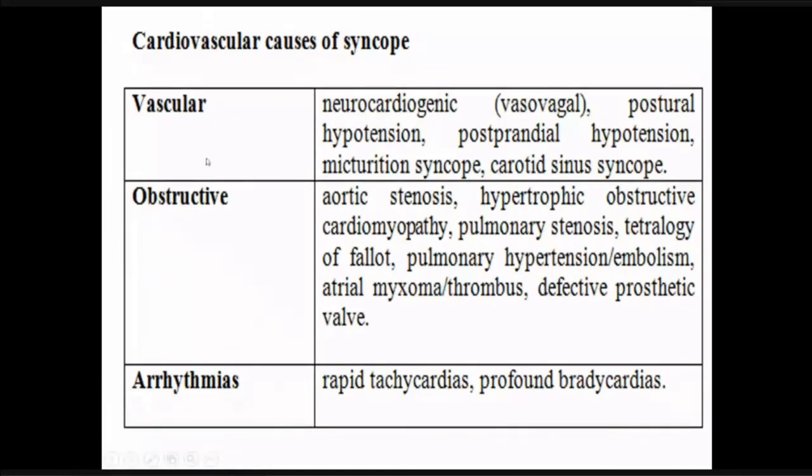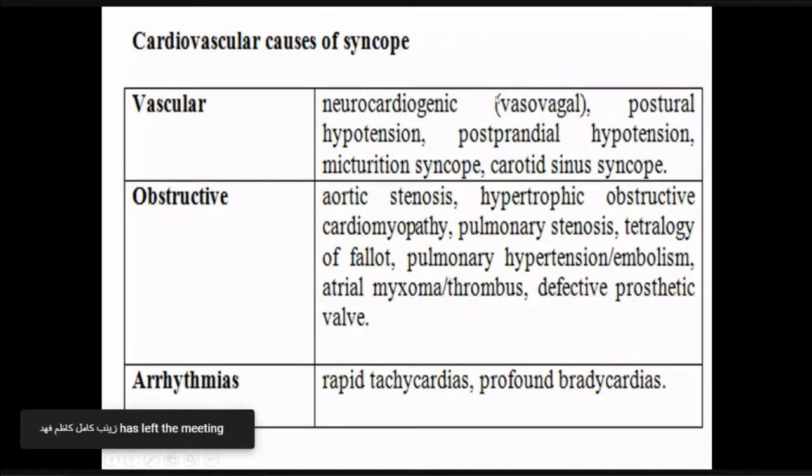These are other causes of syncope, cardiovascular causes, like we have neurocardiogenic vasovagal syncope, postural hypotension مثل ما حكينا، postprandial hypotension باعتبار الدم يجي كله يوصل للجي اي تي سيستم فيصير عنده مثل الهايبوتنشن ويوقع.